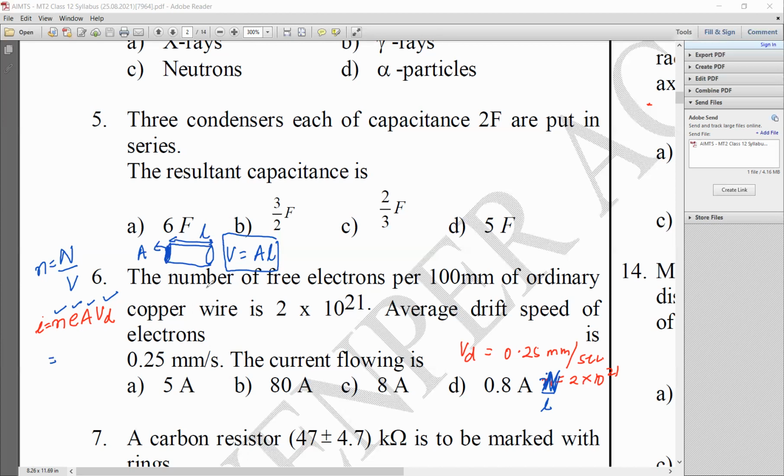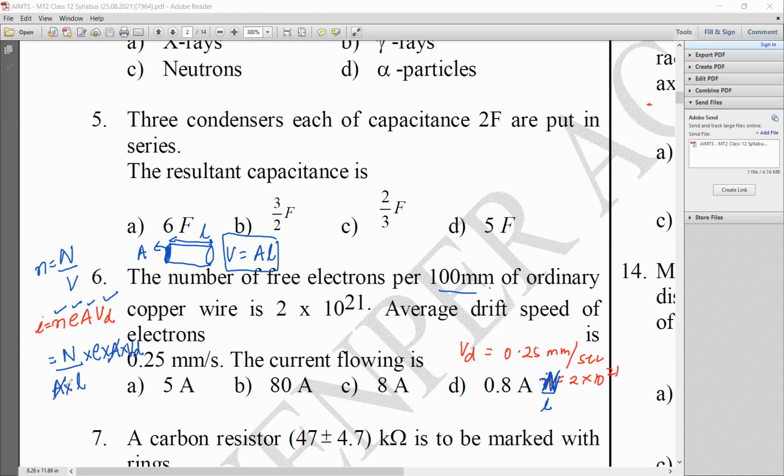So how shall I solve? Number of electrons per 100 millimeter of ordinary copper wire. So length is given, let's say 100 millimeter. So I can write like this. Number of electrons, the volume I can write is area into length. Into e into A into drift velocity.